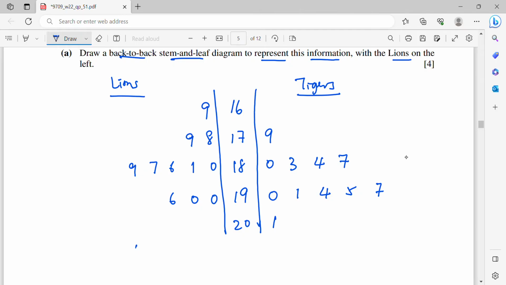Okay, so this back-to-back stem and leaf diagram is not complete without the key. So now we have to write down the key. Just take any one. So I take 8, 17, 9. Okay, you can take any one. Then you have to write down the meanings of this.